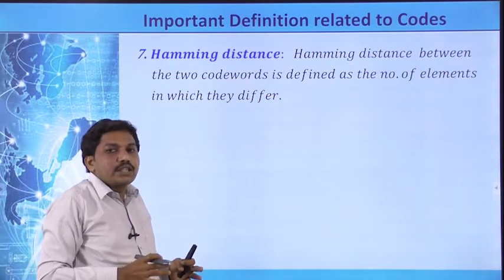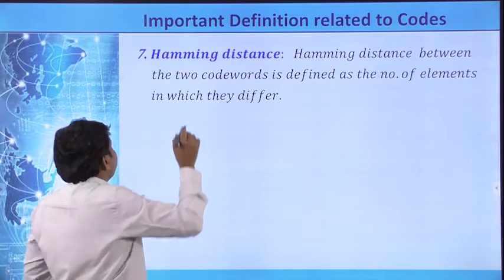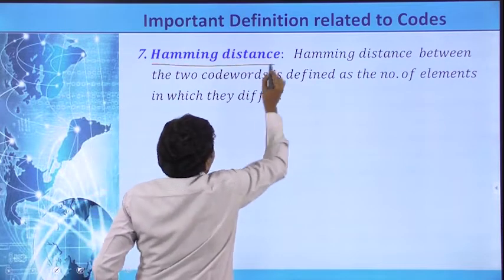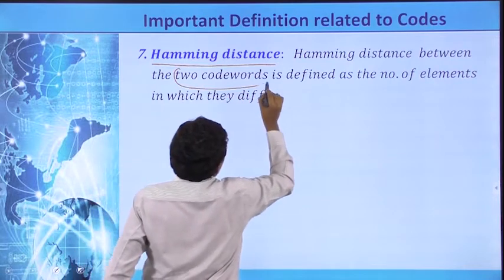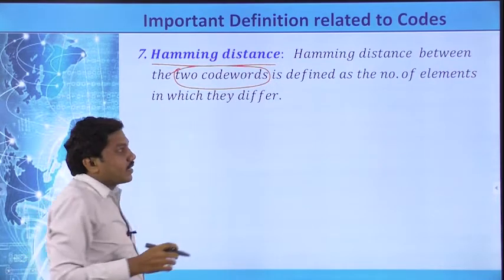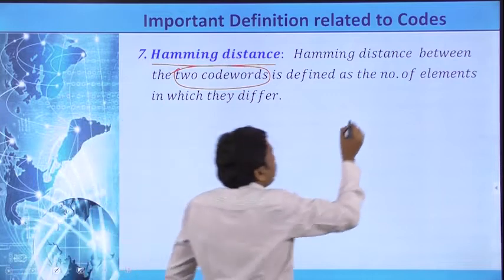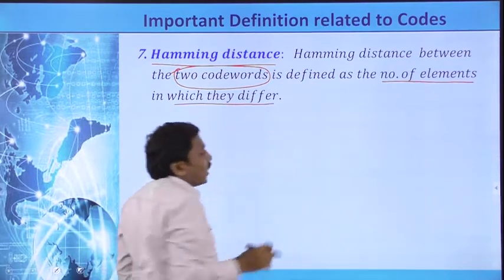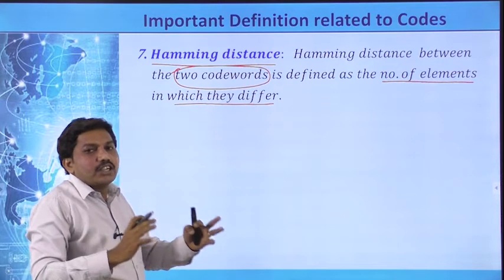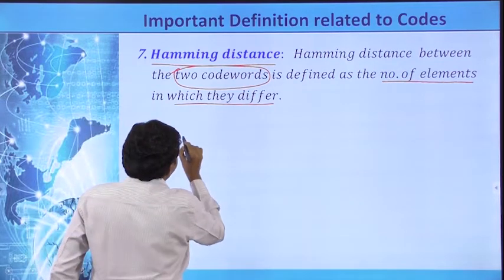Next definition is Hamming distance. Hamming distance between two code words is defined as the number of elements in which they differ. So let us see an example.